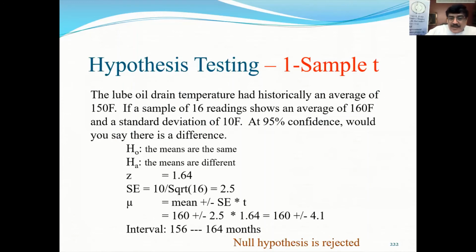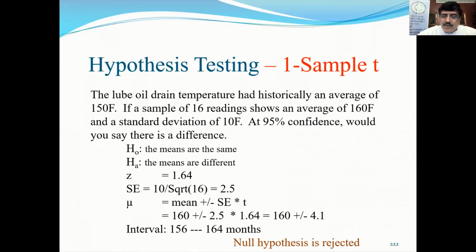So you calculate your standard error, which is very simple as we did. You take your standard deviation and divide it by the square root of your sample size, which is 16 data points, and you get 2.5. So that's your standard error. Now you say, I'm confident that the new average is the mean that I got plus or minus 1.64 times 2.5. So it's between this minus this value and plus this value.